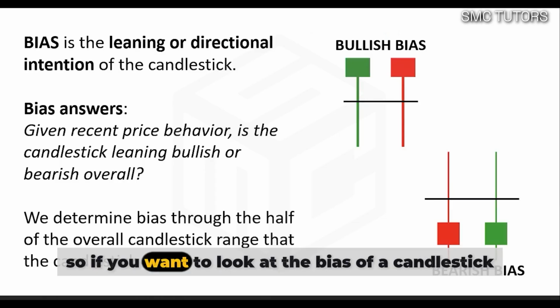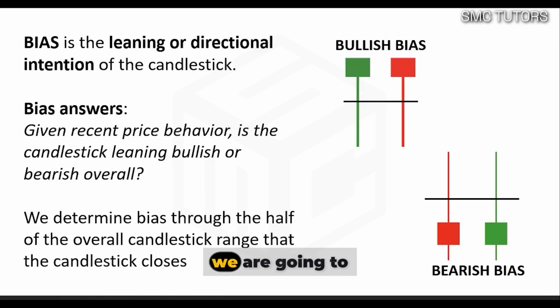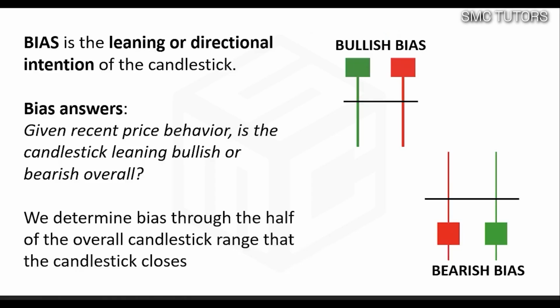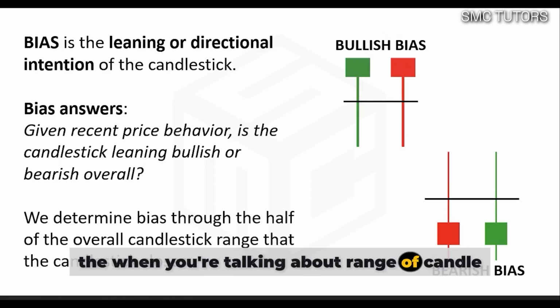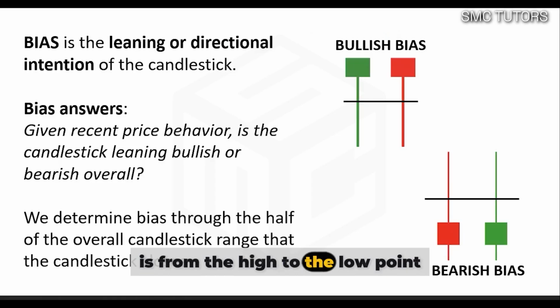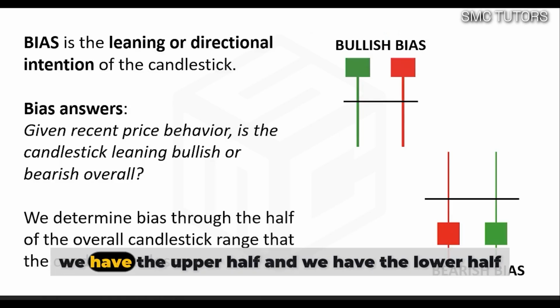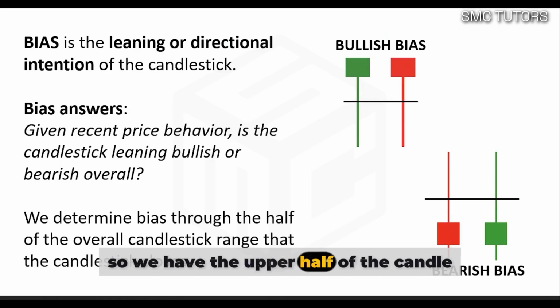To look at the bias of a candlestick, we look at the total range of the candlestick, which is from the high to the low point: how high the candle has gone and how low it has gone. You divide it into two, so we have the upper half and the lower half of the candle.